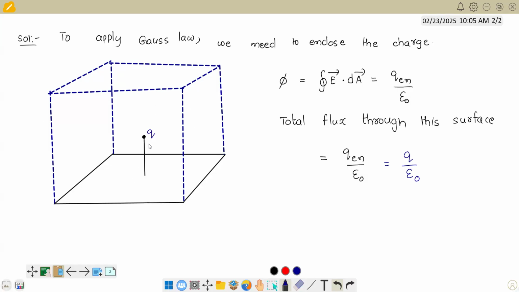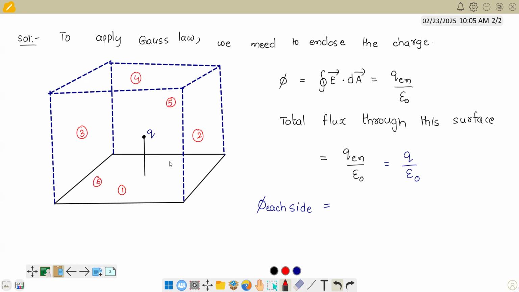It is at equal distance from this side, this side and this side, and from all the sides. So the flux from each face divides this q by epsilon naught into 6 parts. Let me call them 1, 2, 3, 4 and 5, and the front one would be 6.